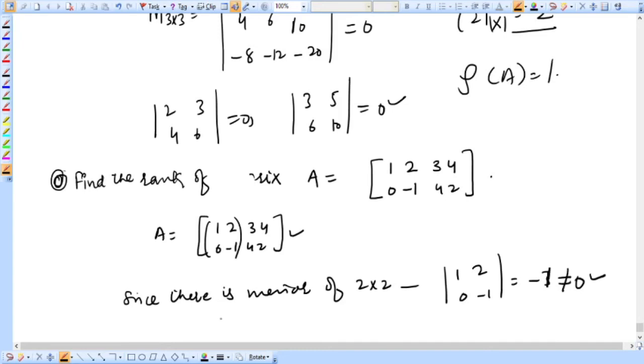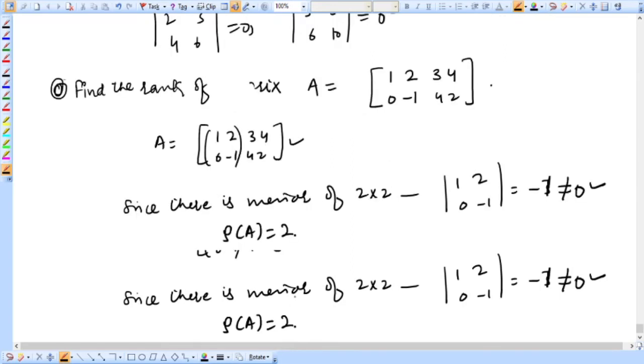Therefore we can say the rank of A is equal to 2, because there is no possibility that it would have a minor of 3 by 3. Also you see we have at least one minor of 2 by 2 which is not vanishing. So the rank of this matrix is 2.